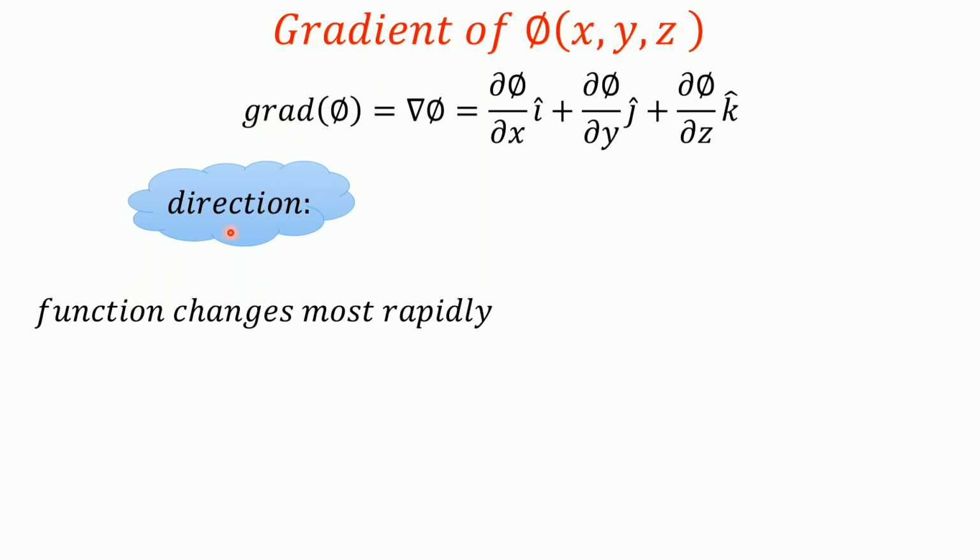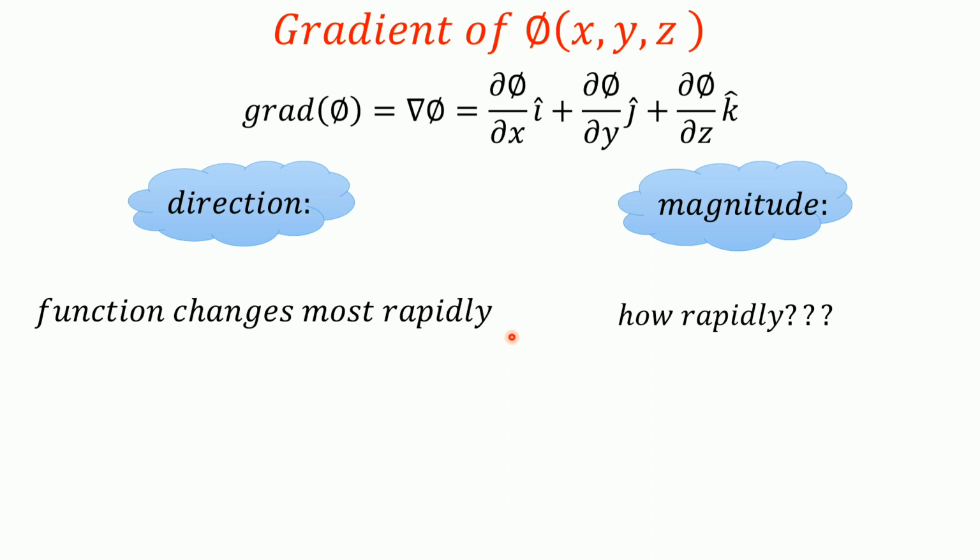So grad phi gives you the direction of maximum change, the direction along which the function changes most rapidly. Now the second component is magnitude. What does the magnitude tell us? It tells us how rapidly the function changes along the direction of del phi.